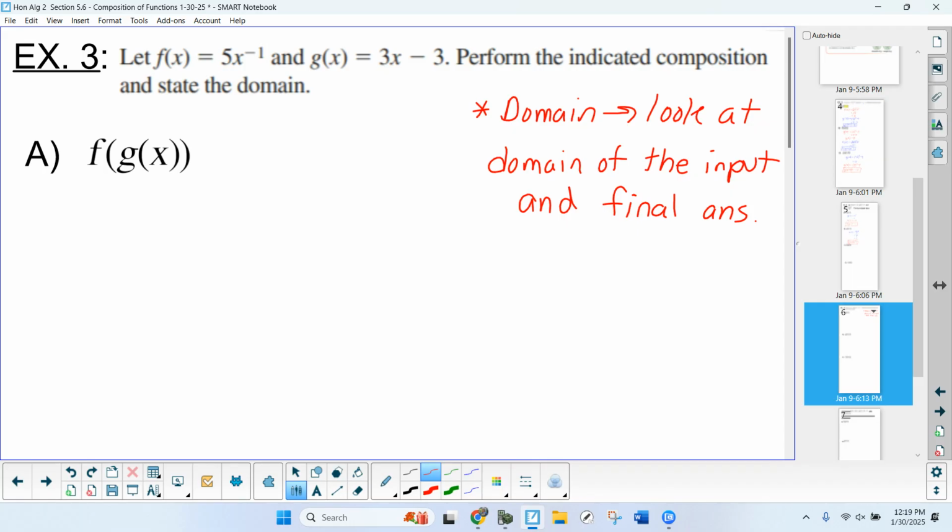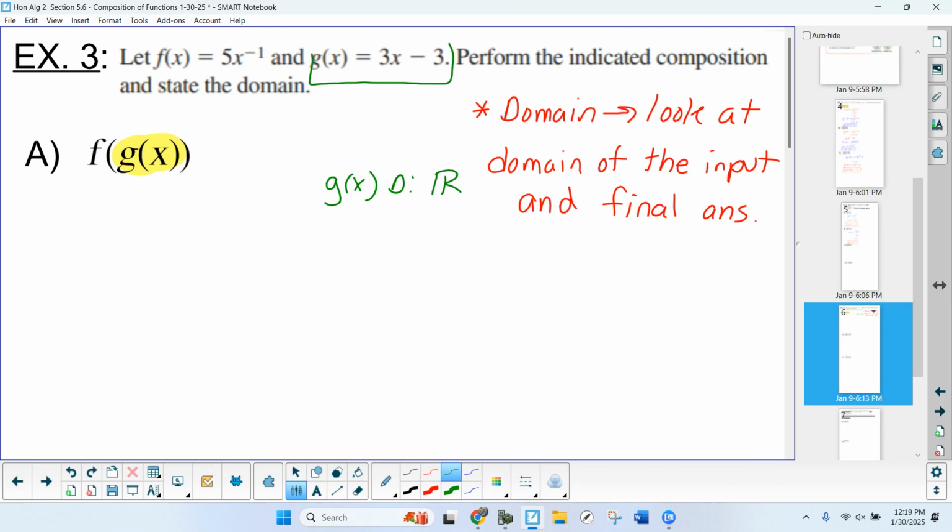On this one, we have f of g of x. Which one do you think is the input? G of x, because it's f of g of x. So this function here is your input. Let's come off to the side and ask, what's the domain of g of x? What kind of function is it? Linear. What's the domain of a linear function? All real numbers. Okay, so keep that in the back pocket.